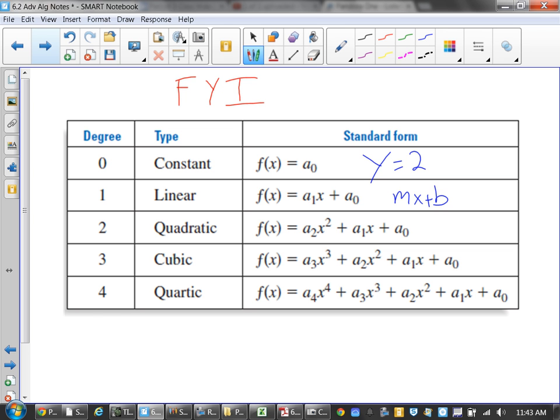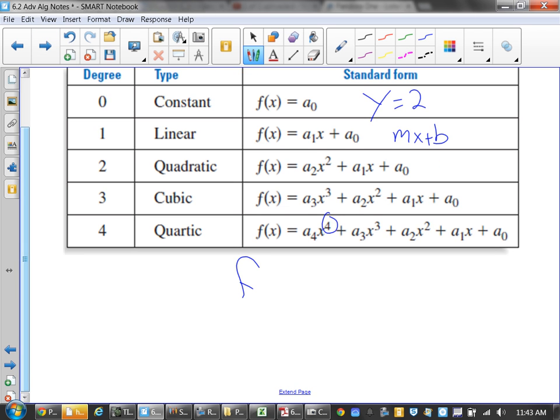So does it mean like if it's fourth degree, for example, does that mean that there's 4 terms or that the highest exponent? The highest exponent is 4. Even if you had just f of x equals 2x to the 4th, that's still a 4th degree polynomial.